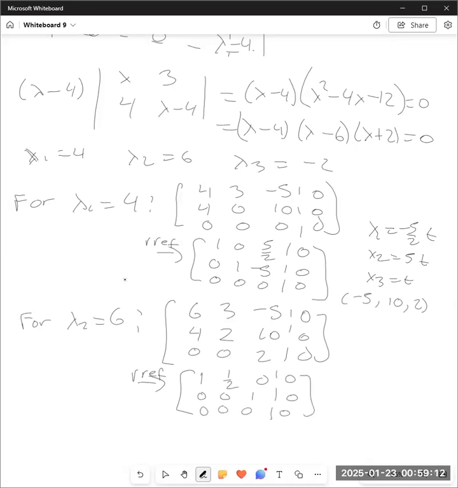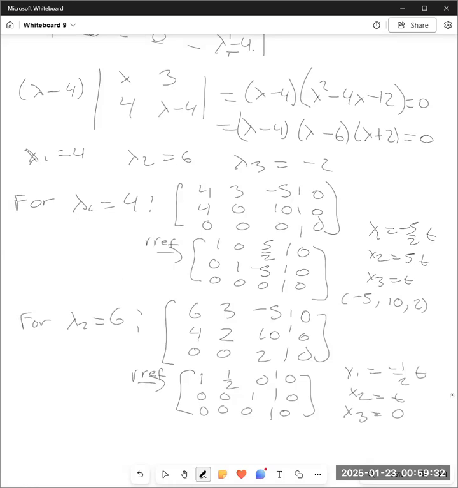So that tells me that x1 equals -1/2 x2, x3 equals 0, x2 is my t, so this is -1/2 t.